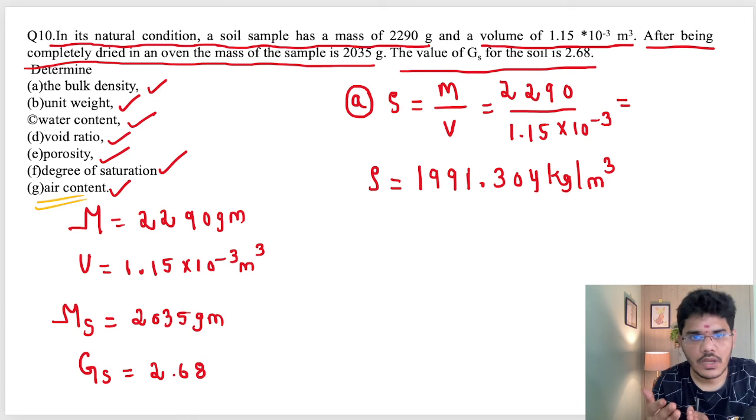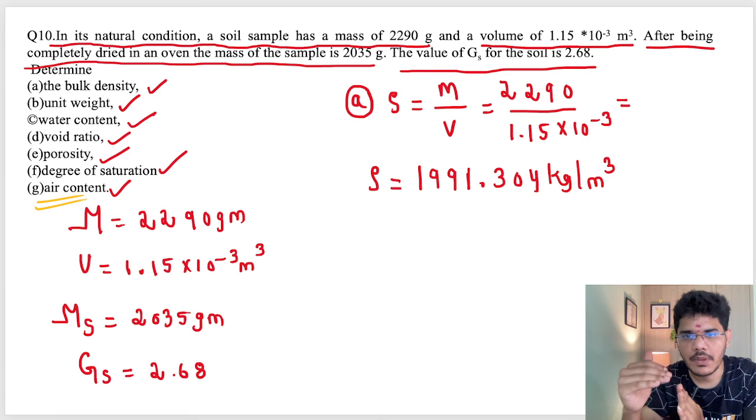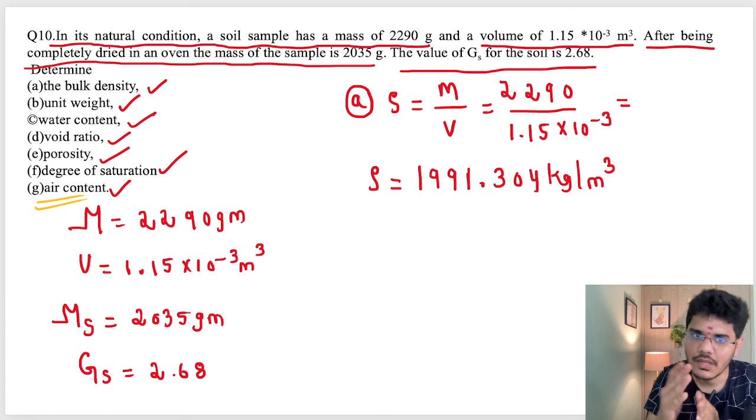And void ratio, how have we calculated? We have the relation E is equal to G gamma W by gamma D minus 1. So how have we calculated gamma D? From the gamma B value, since we know gamma D is equal to gamma B by 1 plus W. Gamma B is nothing but the bulk unit weight of the soil that we have already calculated.